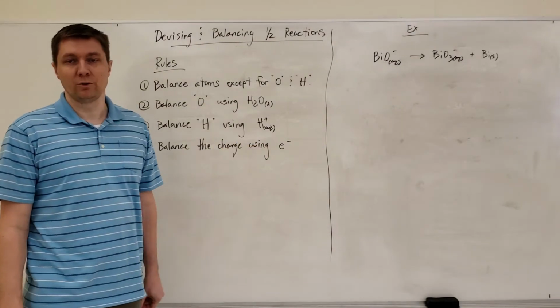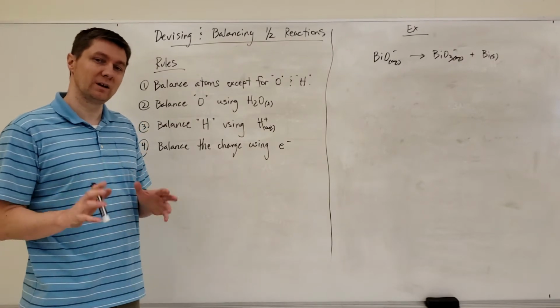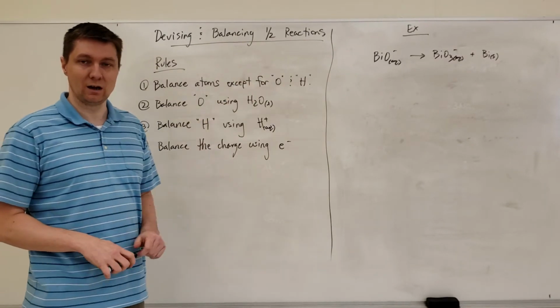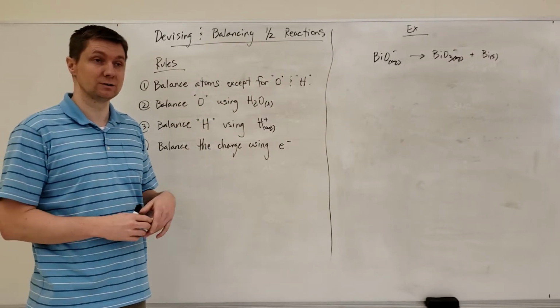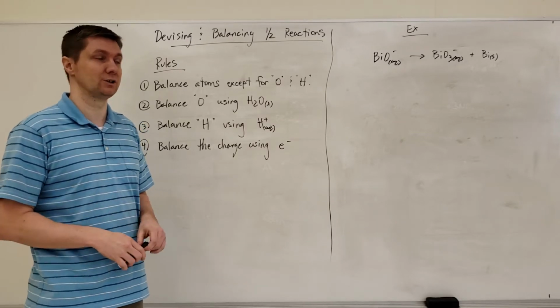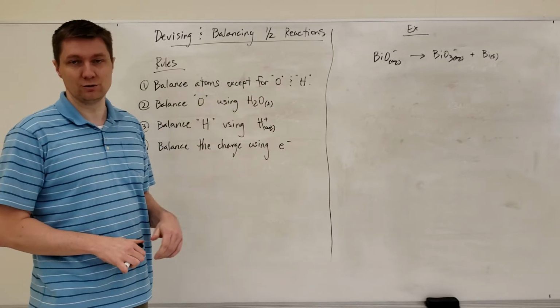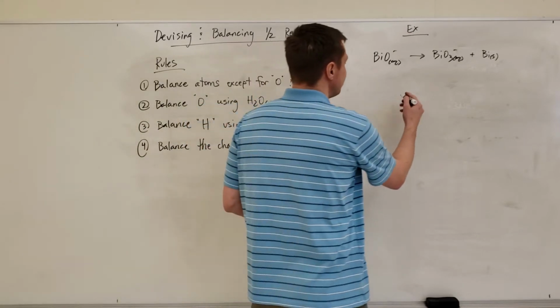Here's one more example that I wanted to go through with you because it's a little bit different. Again, this is an unbalanced redox reaction. There is an oxidizing agent and a reducing agent here. And I'll write out what the two half reactions are.